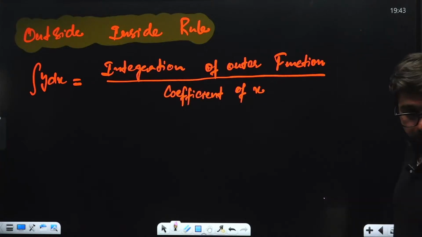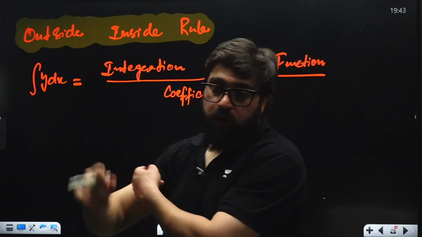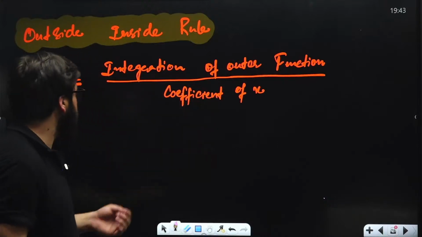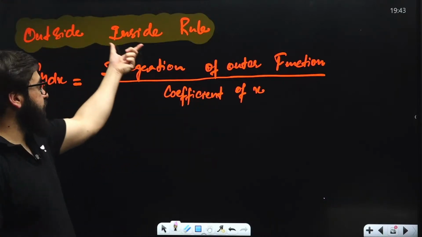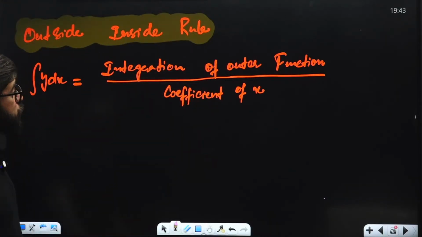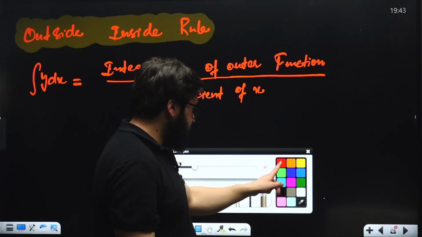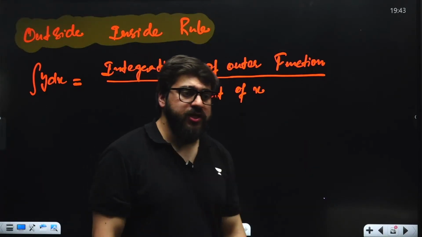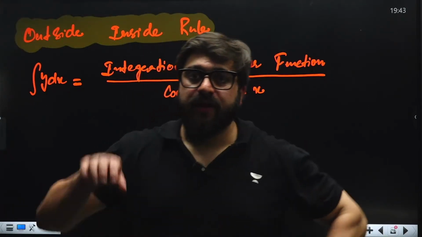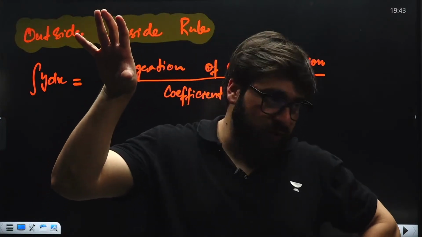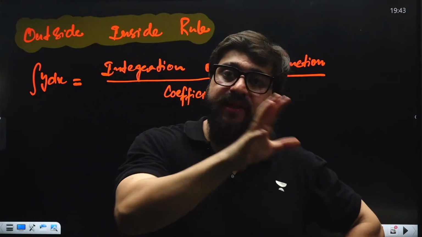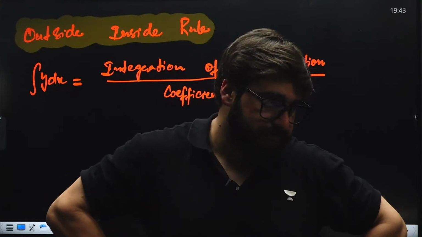Now we have what we call the outside inside rule. This is what we call the chain rule of integration. What does this rule actually say? What was the chain rule of differentiation? That was differentiation of the outer function multiplied by the differentiation of the inner function.